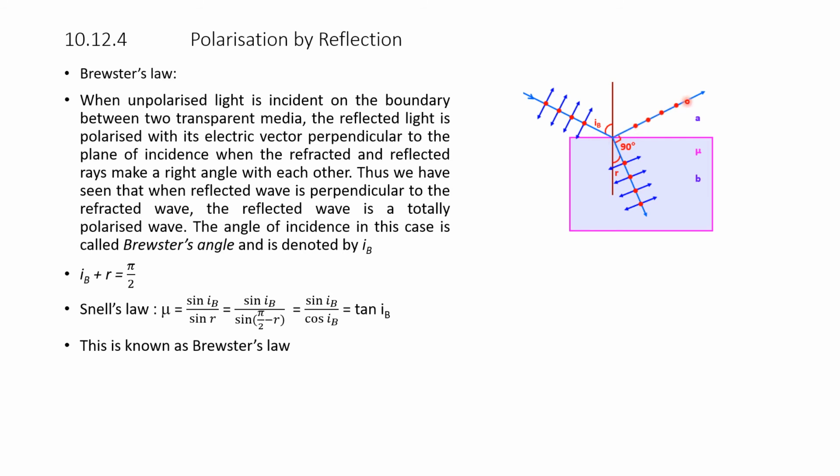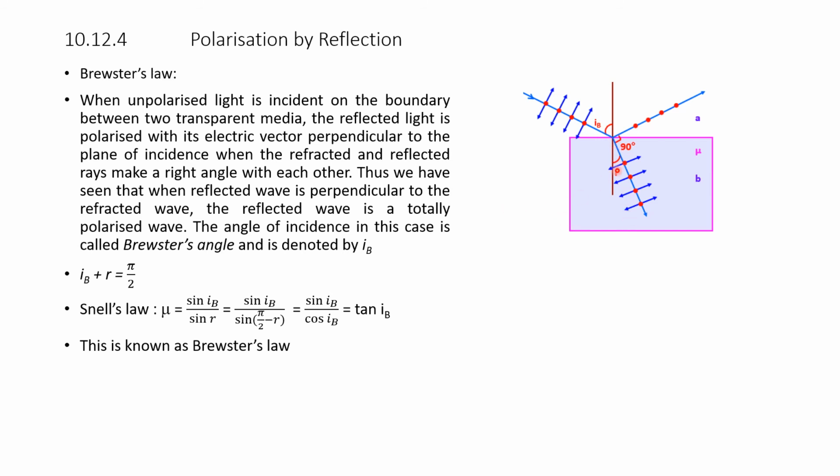This is the rarer medium and the denser medium. So, media A and media B, and the refractive index is mu. The angle between the refracted ray and the reflected ray is 90 degrees when the angle of incidence is Brewster's angle.